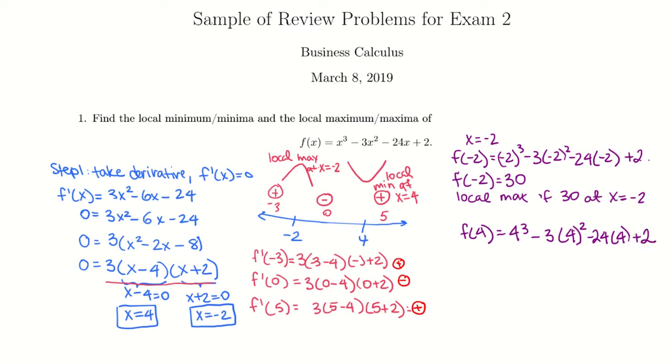We get f of 4 equals -78, which means we have a local min of -78 attained at x equals 4. So local max of 30 at x equals -2, local min of -78 at x equals 4.